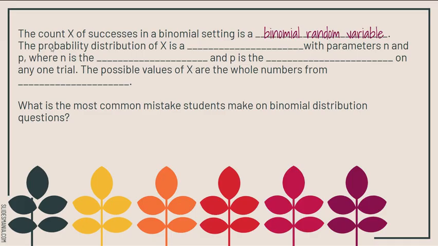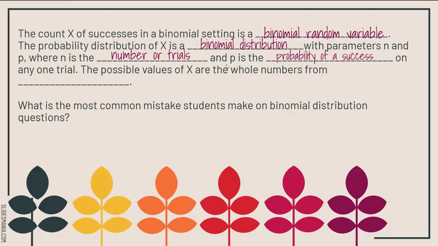The probability distribution of X is a binomial distribution with parameters N and P. N is our number of trials, and P is the probability of success.